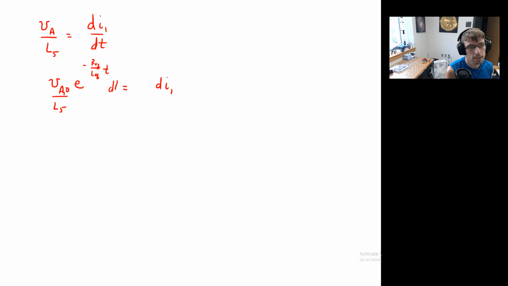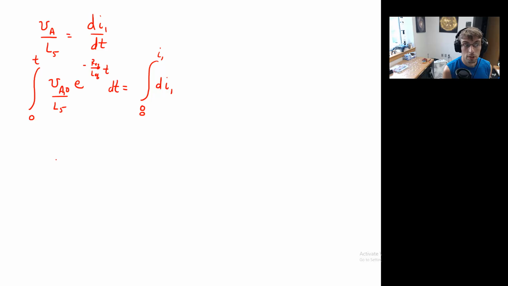We'll put a dt in here. So we're going to have to integrate this, say from time equals 0 to some time later. And at time equals 0, the current running through I1 was 8. So there's where we're going to use that, and we'll just call this I1.